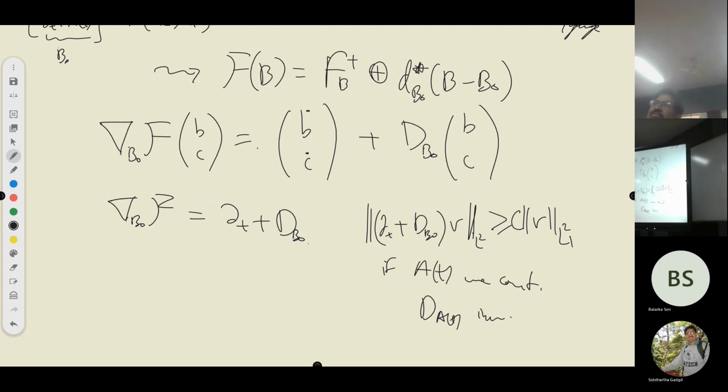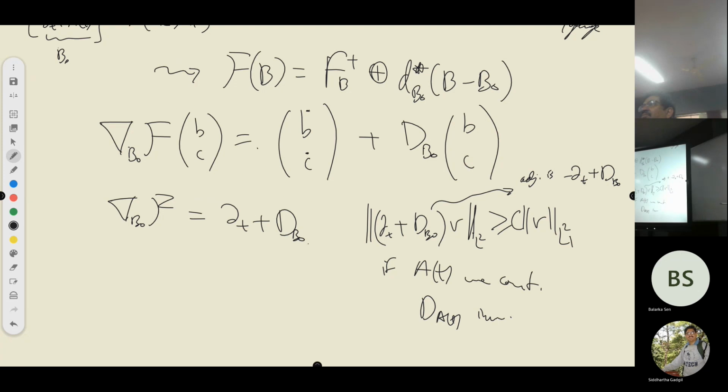This tells you that the image is closed and that it's injective. And you can check that the adjoint of this is going to be d A plus naught, and this thing again is injective. So that means that when A of t is constant and this is an isomorphism, then this operator is an isomorphism.